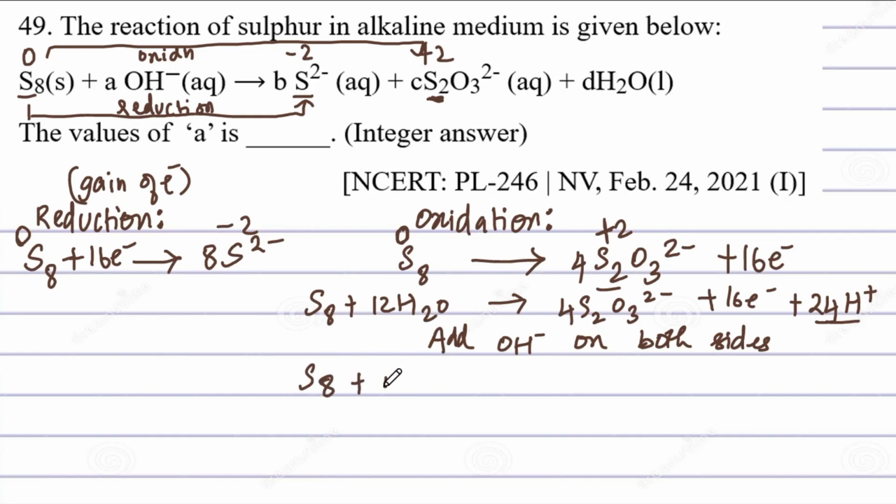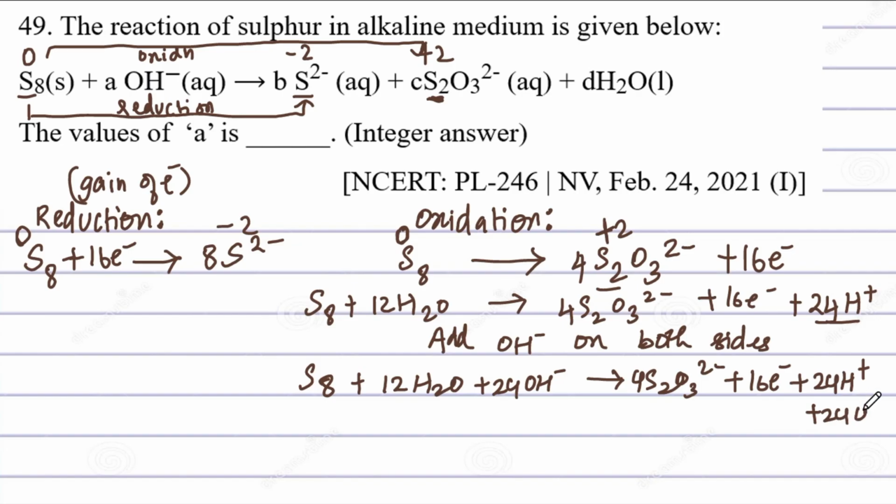So S8 plus 12 H2O plus 24 OH minus gives 4 S2O3 2 minus plus 16 electrons plus 24 H plus plus 24 OH minus. Then, as I already told, H plus and OH minus together will form H2O. So 24 H2O is present.